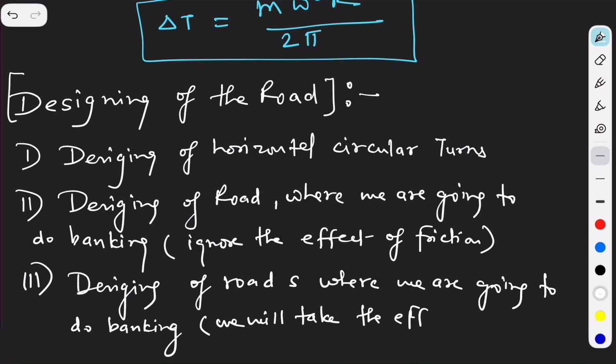Effect of friction means friction would be significant in the calculation. Okay, so these are the three sub parts of this whole topic, designing of road, that we are going to see.